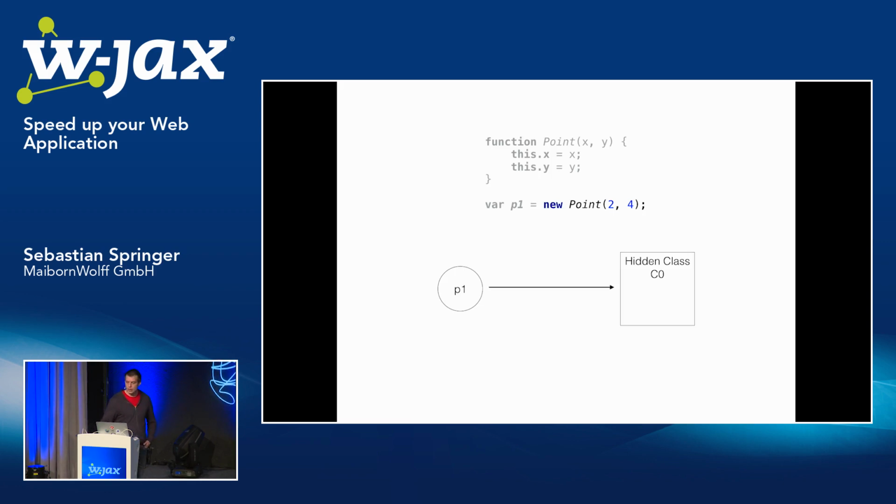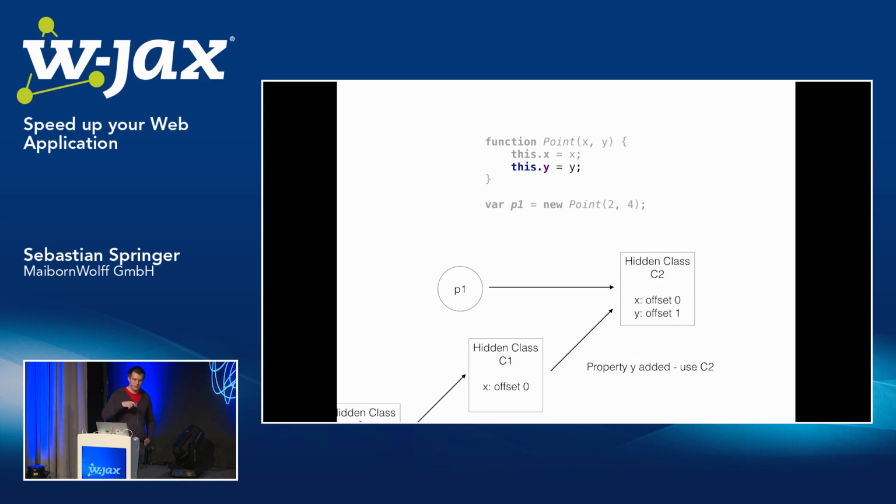And then you call this x equals x, so you create a new property, and as soon as you do so, a new hidden class is generated, and the location of the x property is stored in reference to the class of this point. So you don't have a big dictionary, but a small dictionary for this particular object.